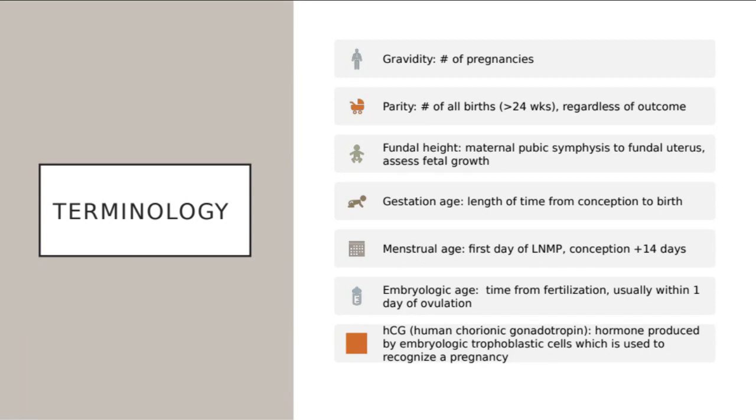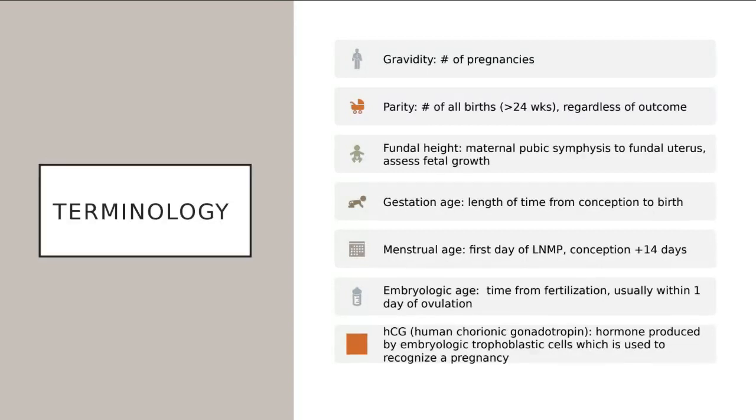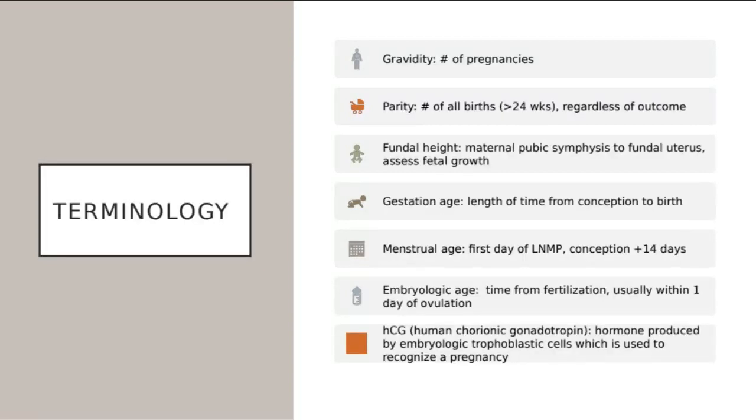So it can be confused as another period when in fact it's just implantation bleeding or some sort of residual bleeding from the previous period. So from the first day of the last normal menstrual period, which is conception plus 14 days, would give us our calculated menstrual age. So again, very variable. We're not really relying on that too much.